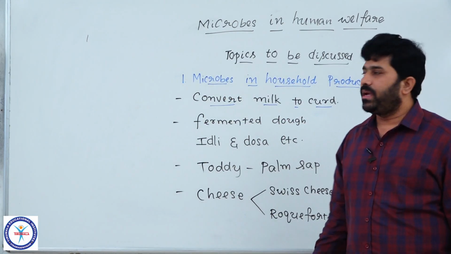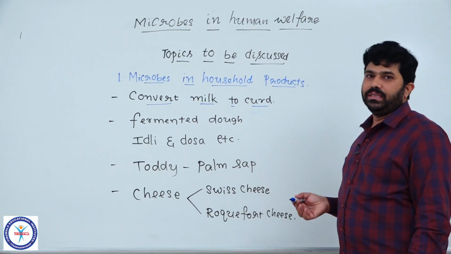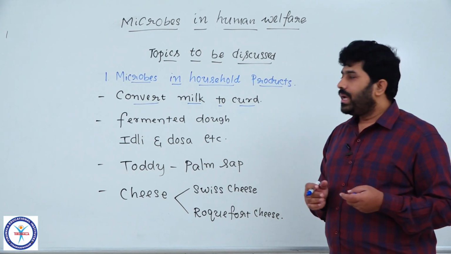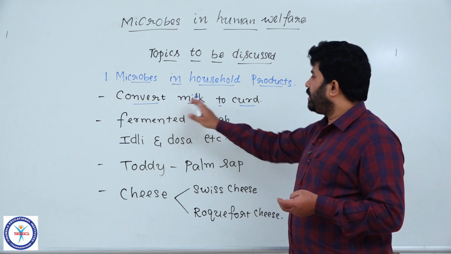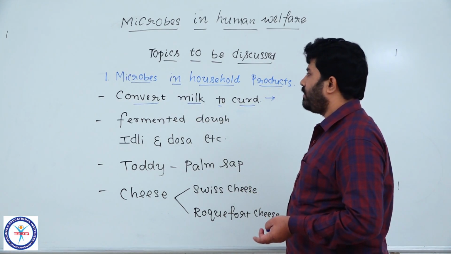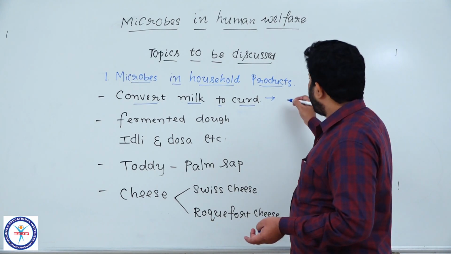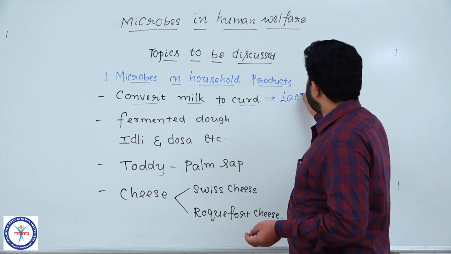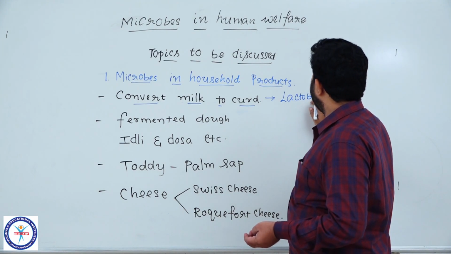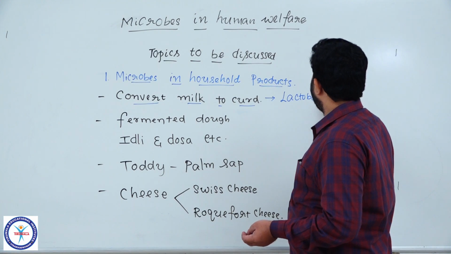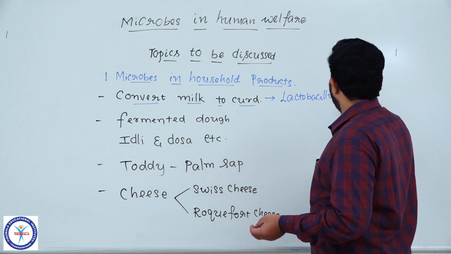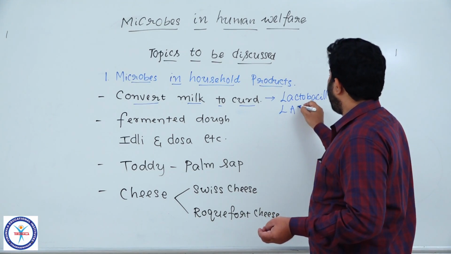How do we use these microorganisms to convert milk to curd? Some environmental conditions are needed to convert milk into curd by microorganisms. Here, the microorganism that plays the pivotal role in converting milk to curd is Lactobacillus, or LAB.